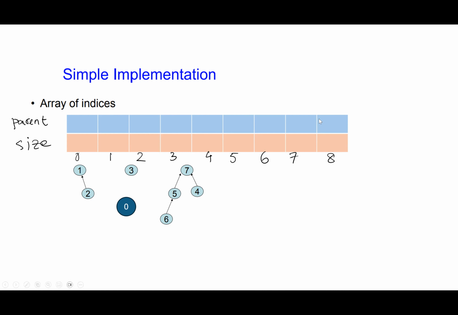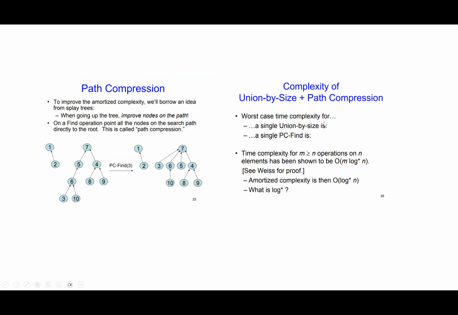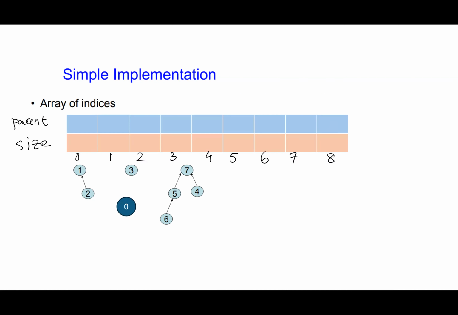Okay, so we actually have 0 to 7 elements. So we have 2 arrays of size 8 each.